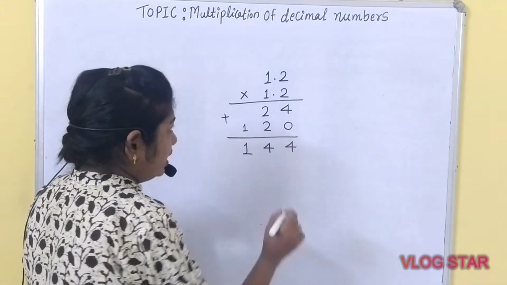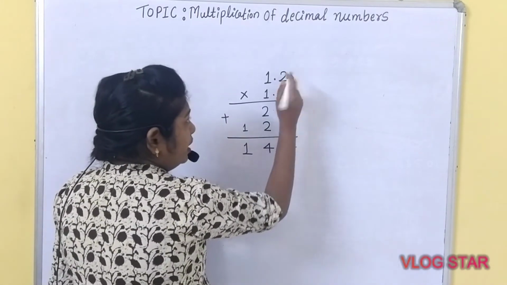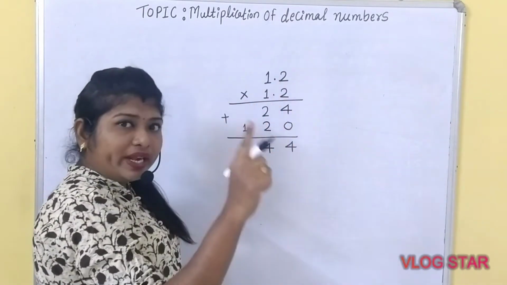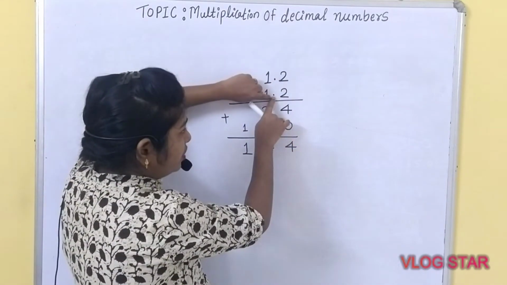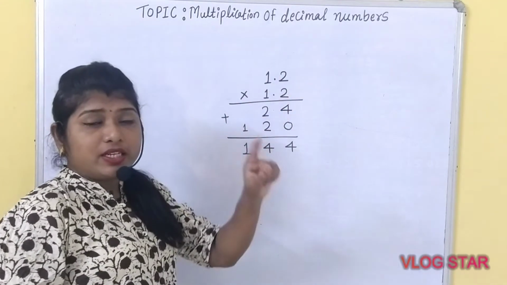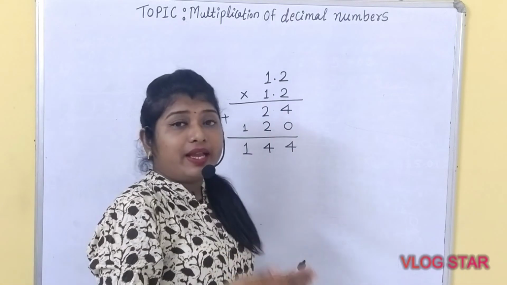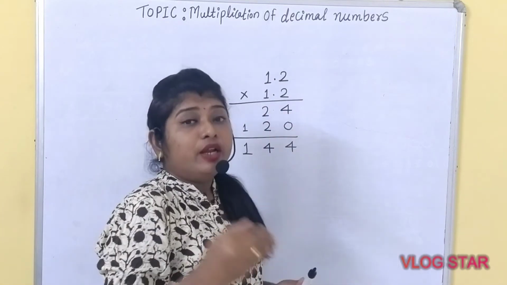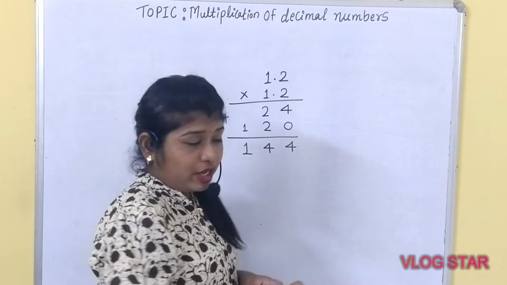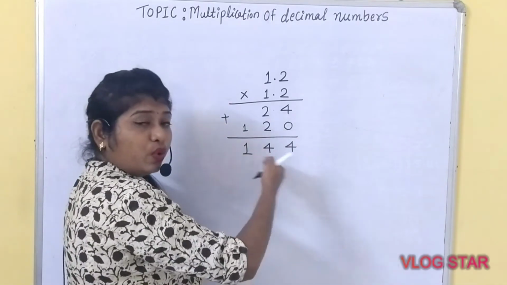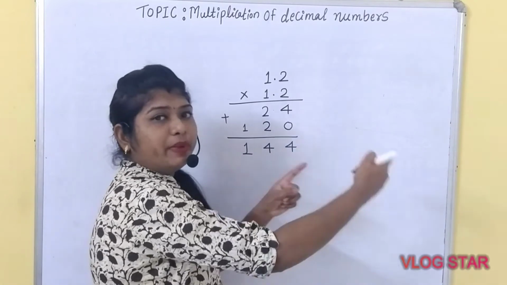You have to check after the decimal point how many digits are there. In this case, there is only one digit. Here, after the decimal point, again there is only one digit. So in total how many digits are there after the decimal point? Total 2 digits are there. So what you have to do? From the right hand side, you have to leave 2 decimal places.